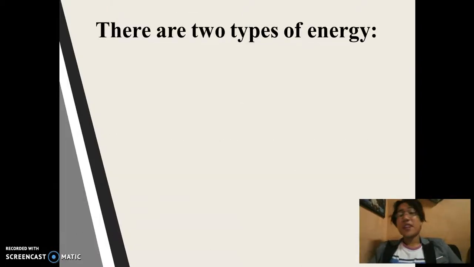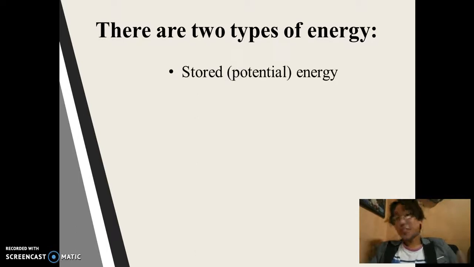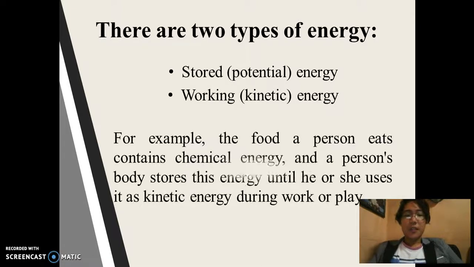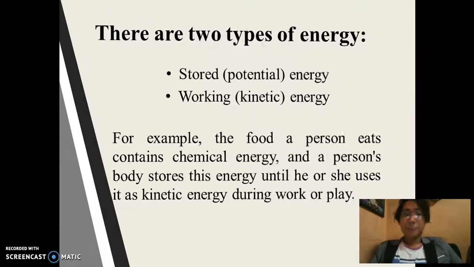We have the stored energy, which is the potential energy, and the working energy, which is the kinetic energy. For example, the food a person eats contains chemical energy. The person's body stores this energy until he or she uses it as kinetic energy during work or play. That is an example of the types of energy.